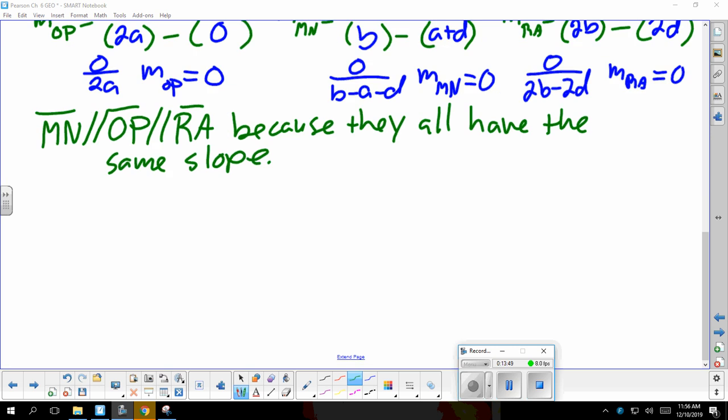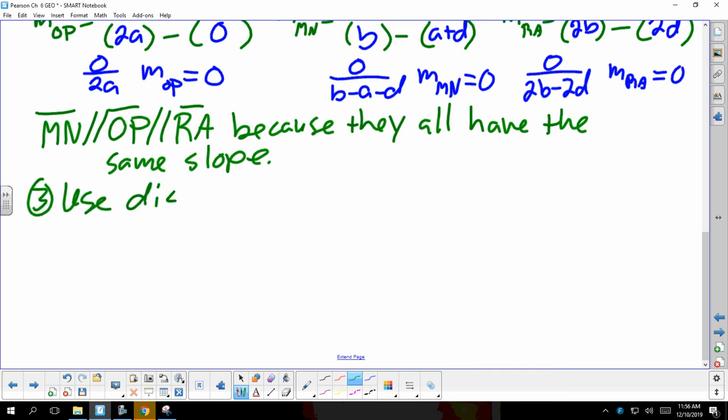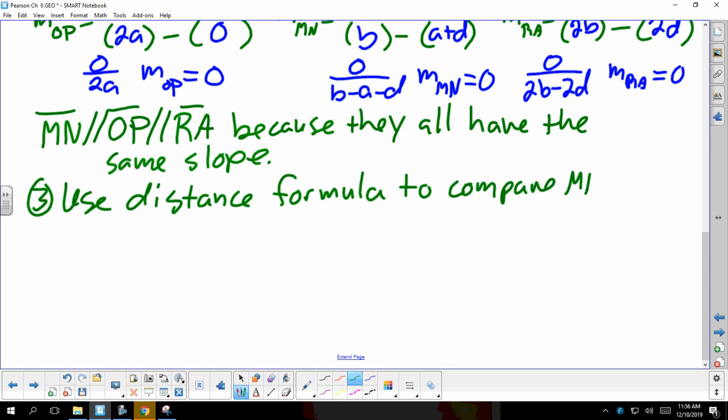The last part of the trapezoid midsegment theorem I want to prove is that the midsegment is half the length of the sum of the two bases. So we want to use the distance formula to compare MN, OP, and RA.